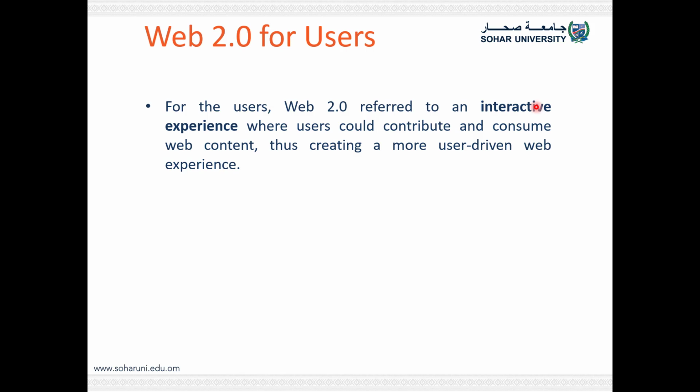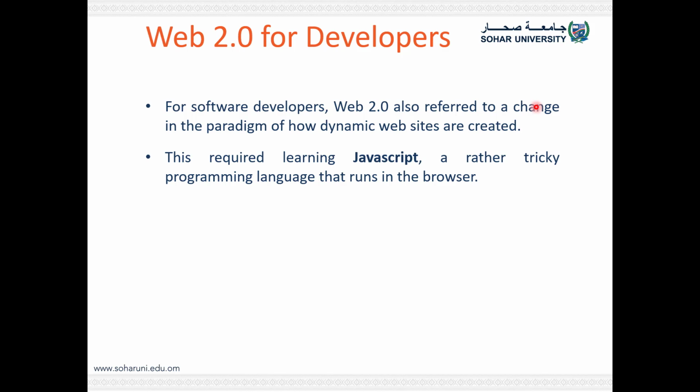Now, what about the developers? What's the meaning of Web 2 for the developers? For the developers, it changes the way of designing and creating the website. For such an interactive website, previously we had to use what we call server-side programming, like PHP and other programming languages.